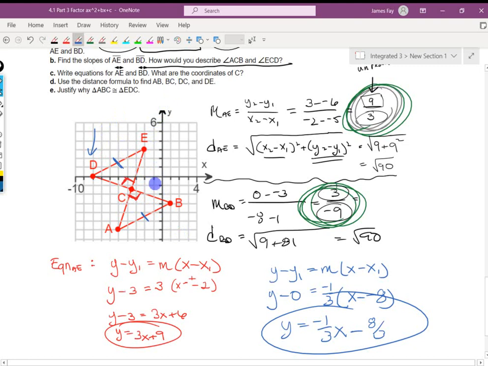BC, that distance there, and DC, that distance there, they're going to be the same. And then we can say that these two triangles are congruent by hypotenuse leg. That's what they're asking for to justify.